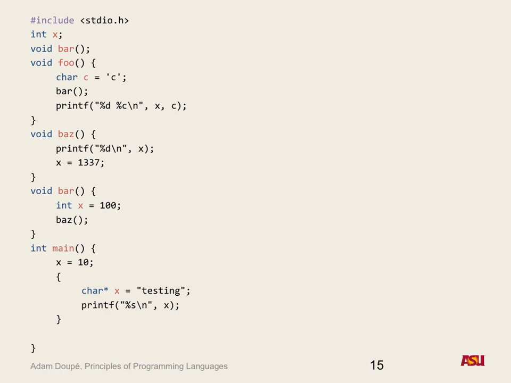From this scope, how many X's could be accessible? So walk me through. How many declarations of X do I see in the program? 3. So that's right.